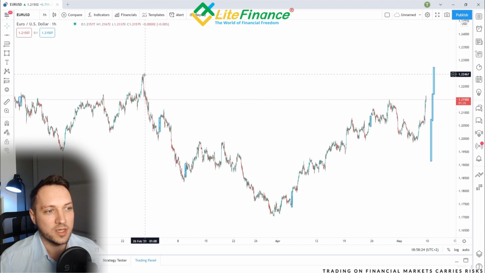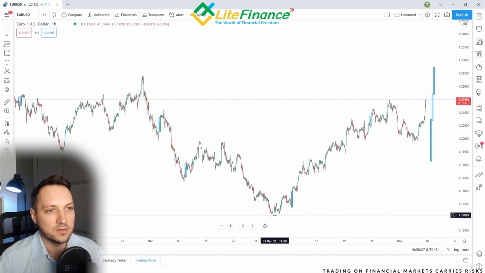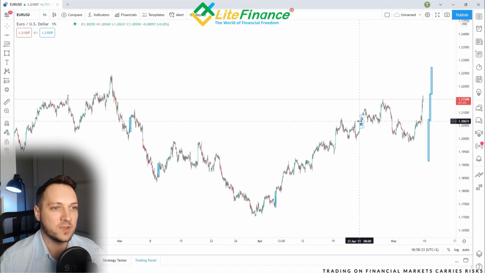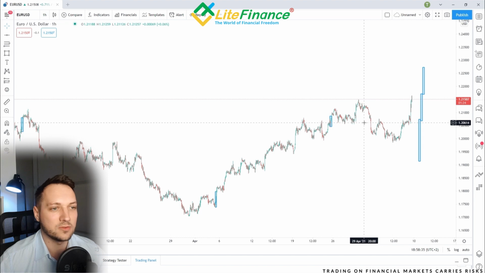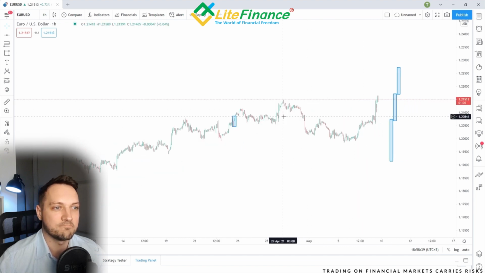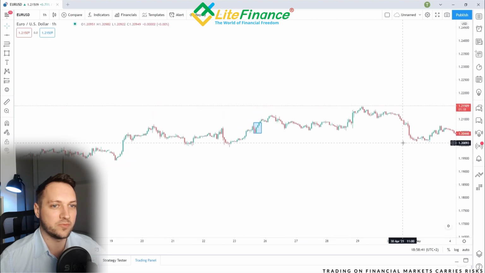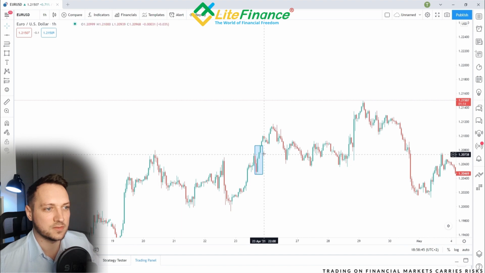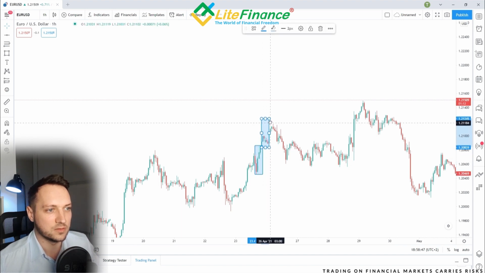We had this downtrend, then the correction of this downtrend, and right around the third quarter we have the continuation pattern. For this example, if we would take a risk-reward ratio of 2:1, I guess it didn't reach the take profit level.